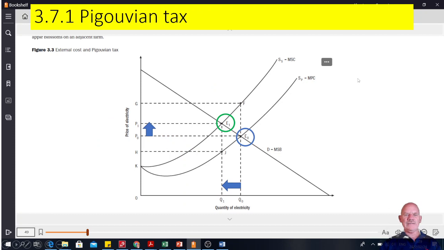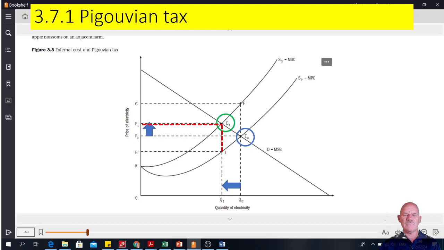Now, the Pigovian tax works the same way. So you can see that the supply curve, it's like from E0 to E1 that we had, it's like the supply curve shifting upwards. If we levy a tax of this size, in the new equilibrium, then the quantity will decrease to 0Q1.